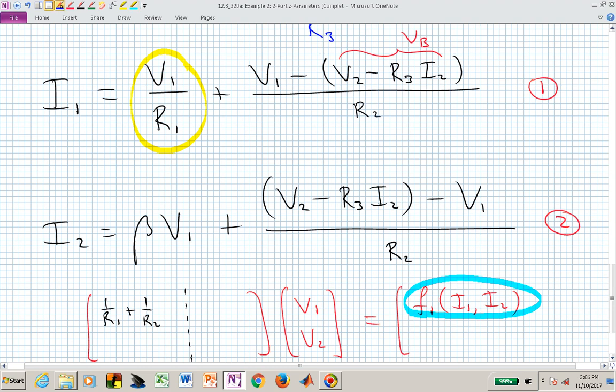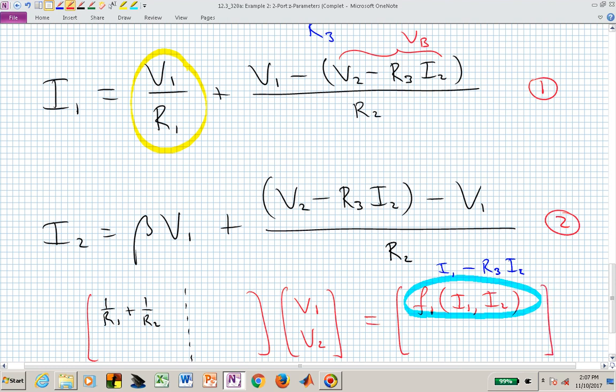If we now have isolated the V1 and V2 on one side, then we have an I1, and we also have an I2. That was a plus over here, taking the minus of a minus, so that when we move it over to the other side, that's now minus R sub 3 I sub 2. And that's what I mean by f sub 1, some linear combination of I sub 1 and I sub 2.